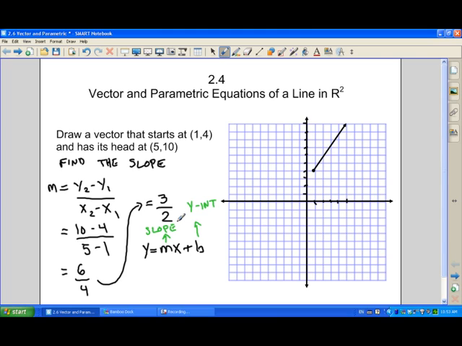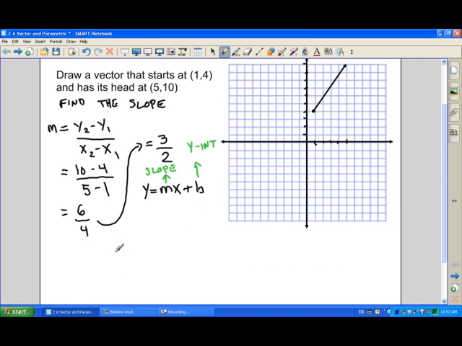So how can we represent a vector, something that has a starting point, has an ending point, using y equals mx plus b? And we really can't. What we can do is define the vector equation of a line.